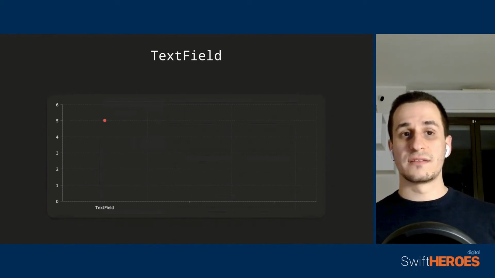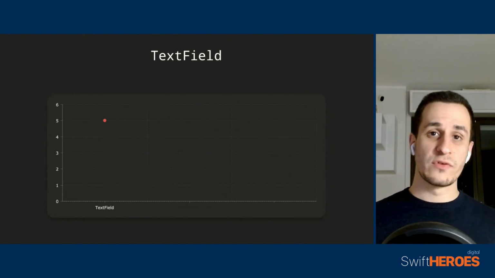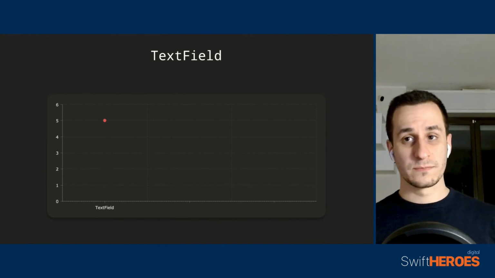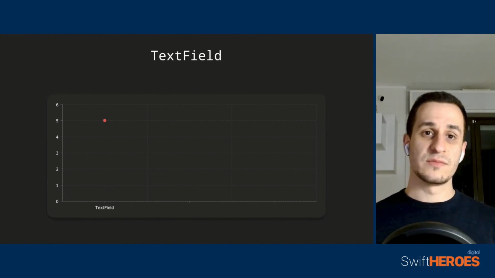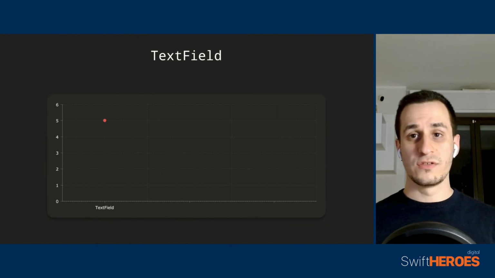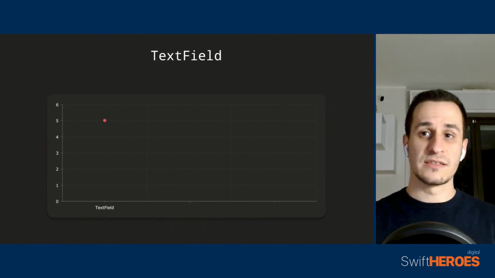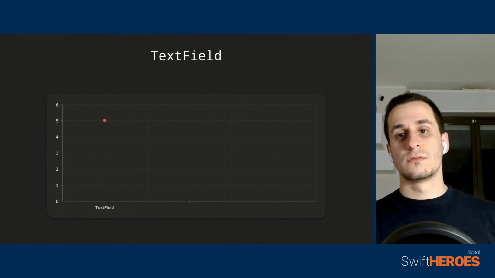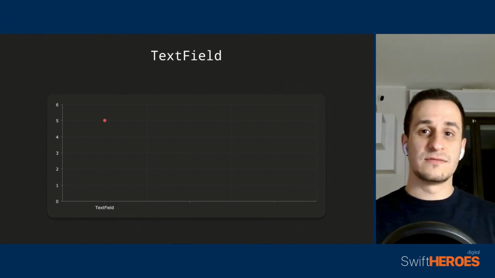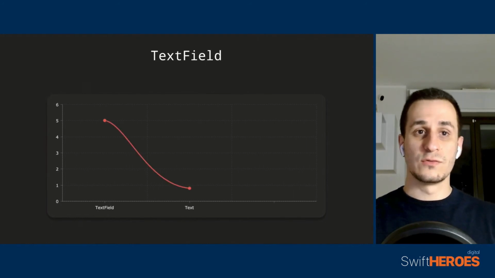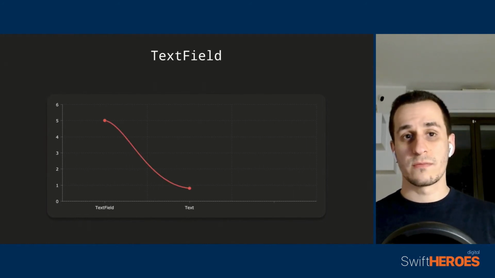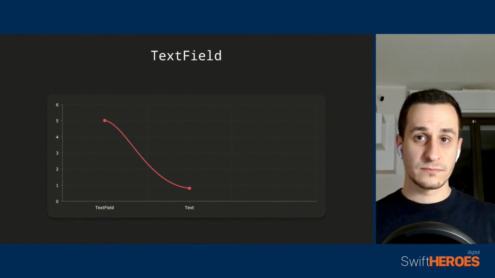So to resolve that, we created 2 different views, one for the read mode and one for the write mode. The main difference between these modes was the usage of a text instead of a text field. So with just that change, we went from 5 seconds delay to just 0.8 seconds delay.